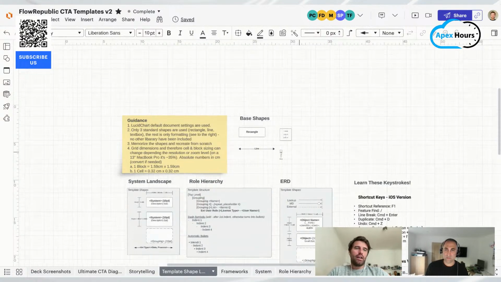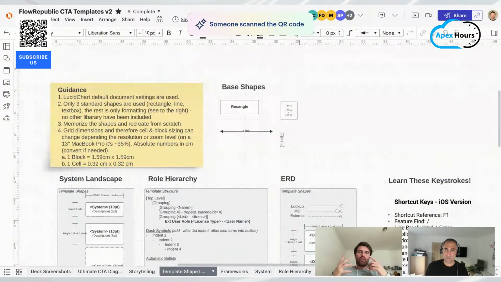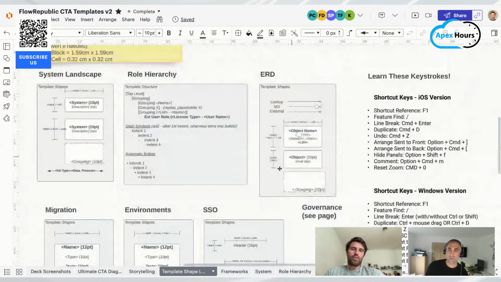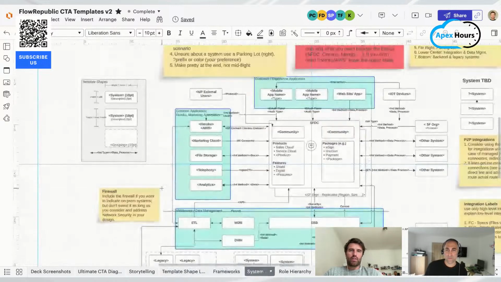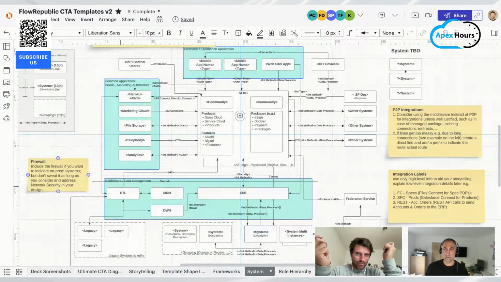Which is why you should be mindful, test it out, and make sure that you're following those guidelines, because what we have done is we have defined the framework so that you can have all diagrams fit onto a 13-inch screen with the appropriate resolution. So if you look at the system landscape, it's a rather large one.